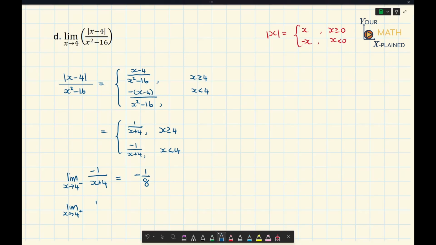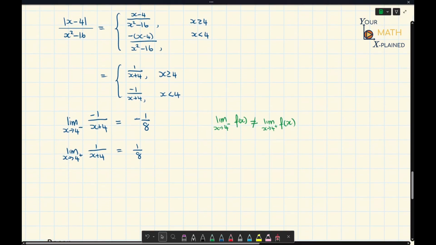So the function is positive 1 over x plus 4, and we can substitute it in, and this gives us positive 1 over 8. Since the limit as x approaches 4 from the negative side of f of x does not equal the limit as x approaches 4 from the positive side, the limit as x approaches 4 does not exist.